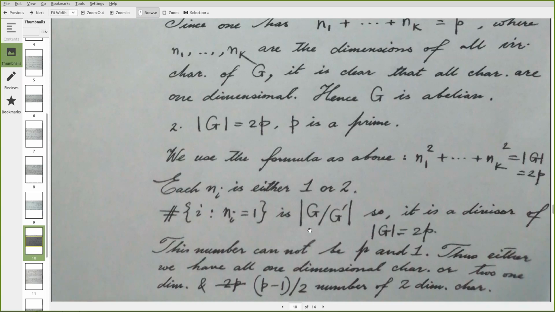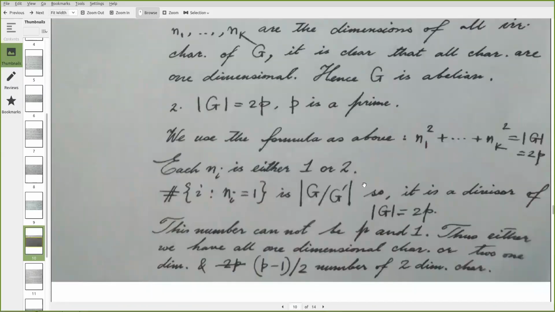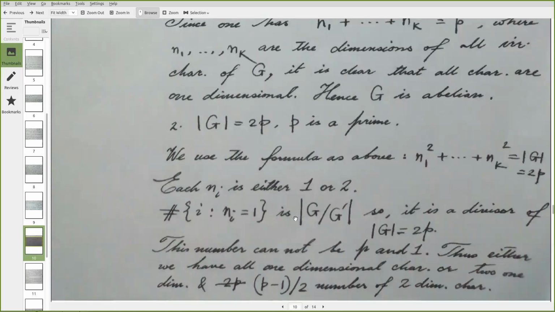Thus, the number of one-dimensional characters of G is the same as the number of one-dimensional characters of G modulo G prime. And since by definition G modulo G prime is abelian, its number of one-dimensional characters has to be the same as its order.